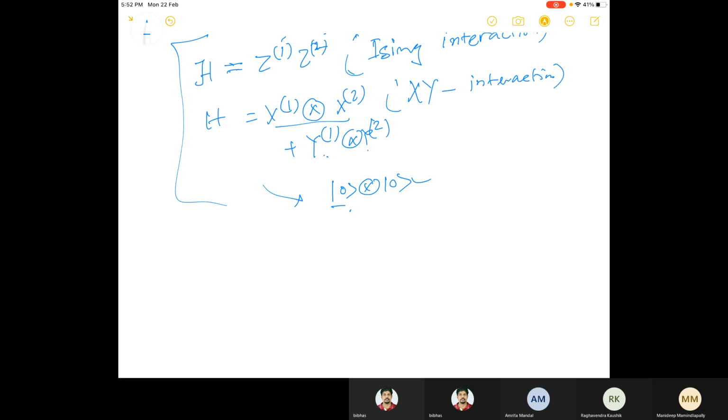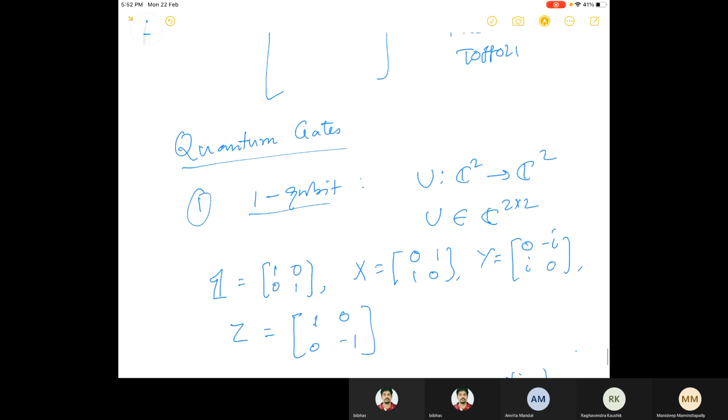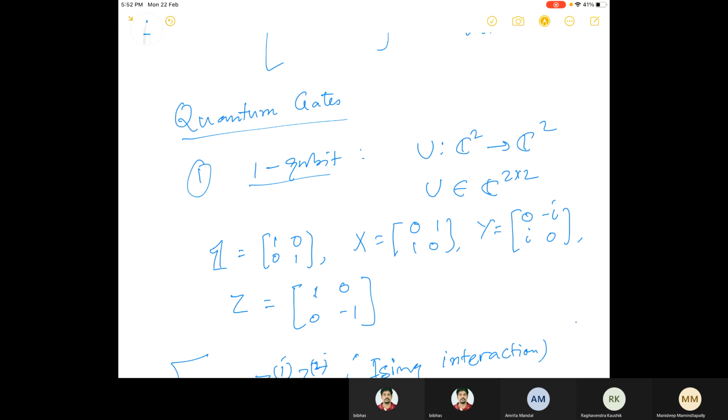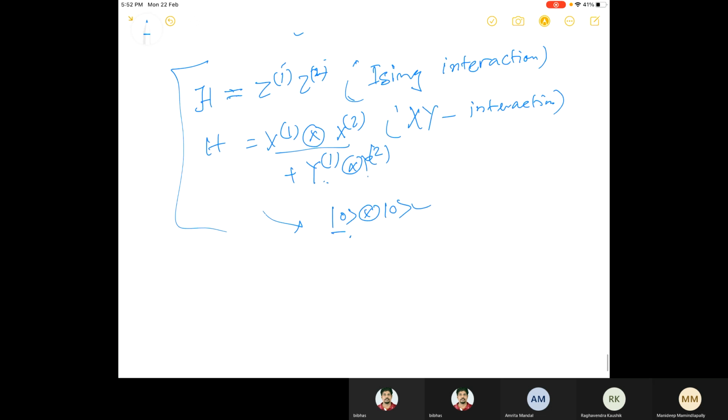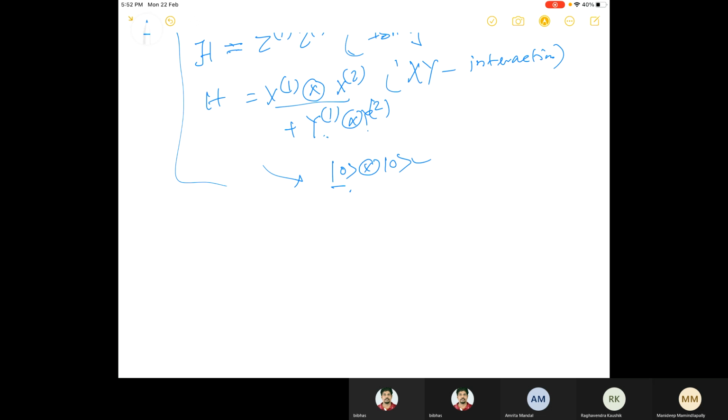Okay, and then the property about x is very nice. Among all these, 1, x, y, z, this is very, very important, because you see what is happening if you apply sigma x to the computational basis. It is actually called a NOT gate.